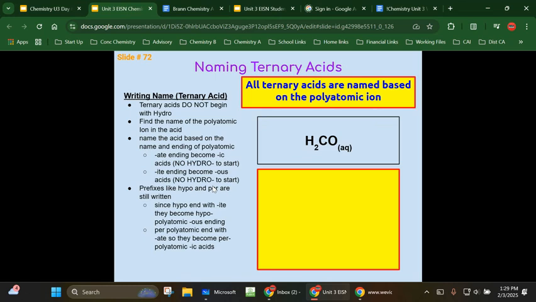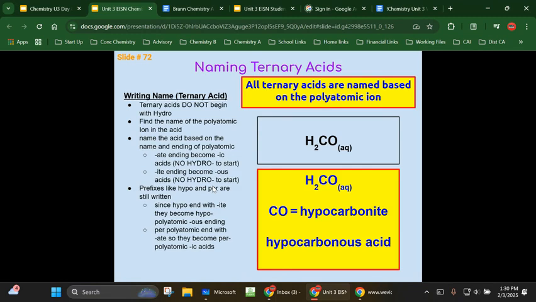Hypocarbonite, absolutely, which becomes hypocarbonous acid. You got it. Don't back down. You're doing good. We can name any change to any polyatomic with this naming system because they're all either going to end in ATE or ITE. If they end in ITE, we make them an OUS acid. If they end in ATE, we make them an IC acid. Okay?